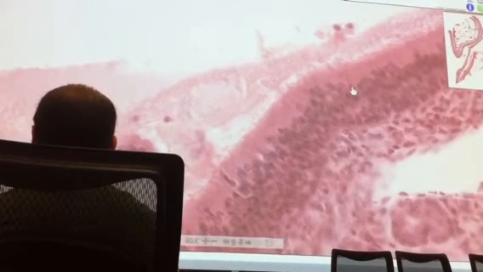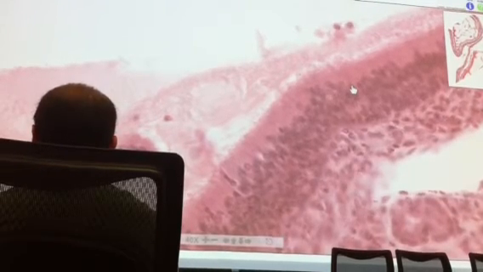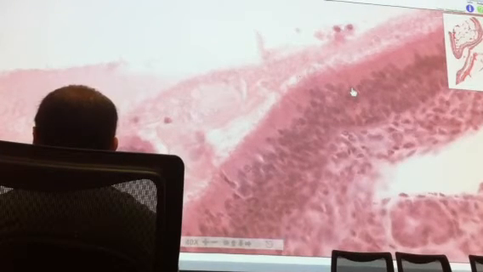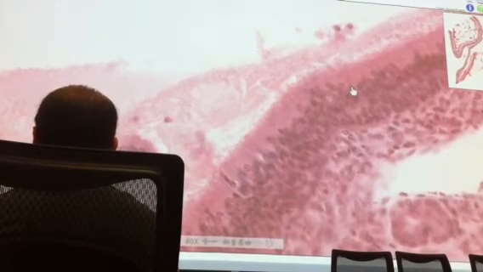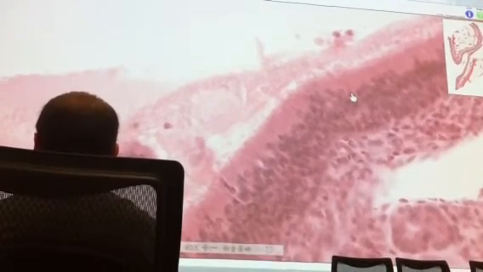The question will be, what's this structure? And the answer will be intercalated disc. And then I'll ask on the same slide, what's this tissue? And somebody will put smooth muscle. It just doesn't make sense, okay?